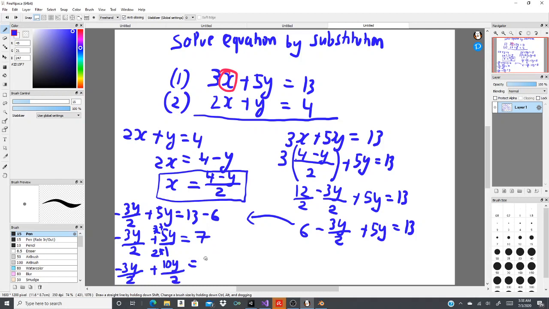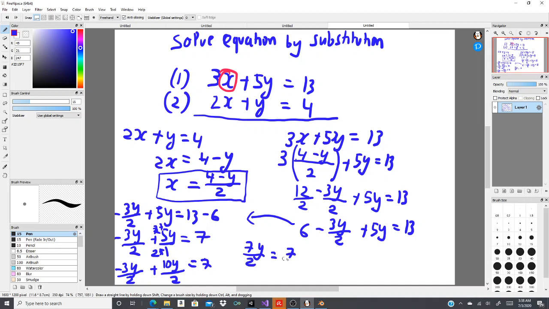And we get 7 here. So from here we will just add, and we get 7y divided by 2 equals 7.